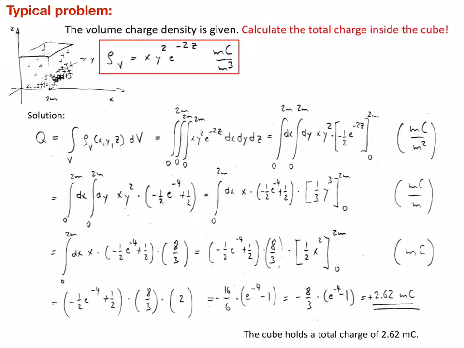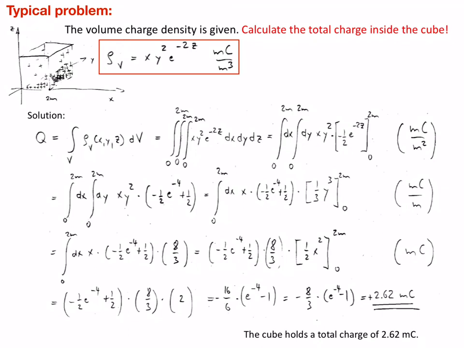A typical problem of classical electromagnetism is the calculation of a total charge from a given charge density. Such a problem is illustrated here. A cube is given which is filled with charges, according to rho v equals x times x squared times e to the power of minus 2z in units of millicoulomb per cubic meter.